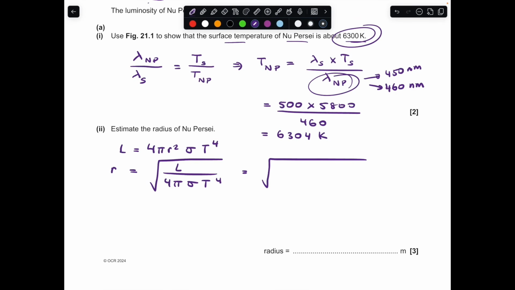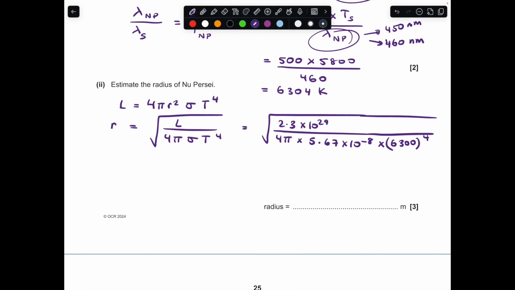So it will be 2.3 times 10 to the 29 watts divided by 4 pi, and that is Stefan's constant, which is 5.67 times 10 to the minus 8. It's given to us. And T to the power of 4 is 6,300 to the power of 4. And all that will give me an answer of 1.4 times 10 to the 10 meters.